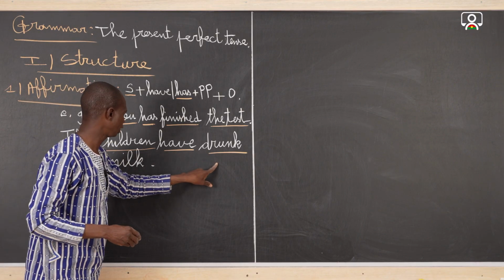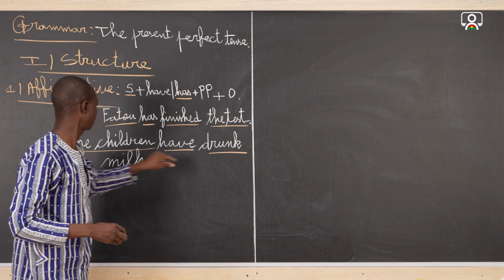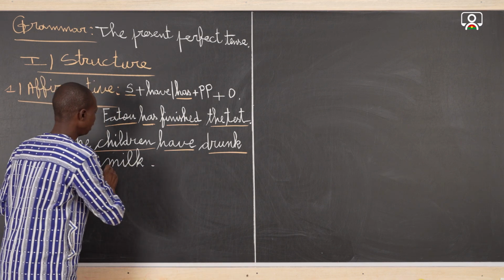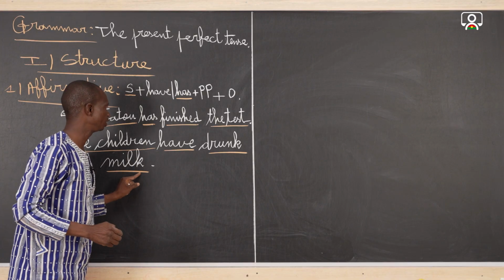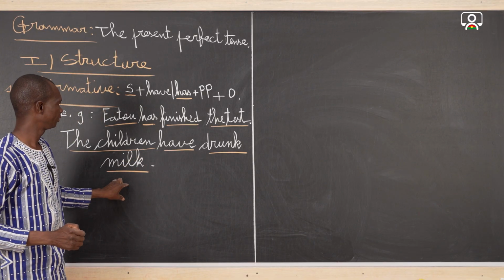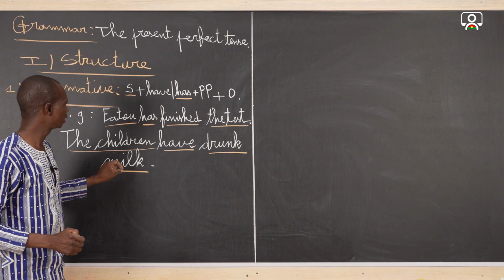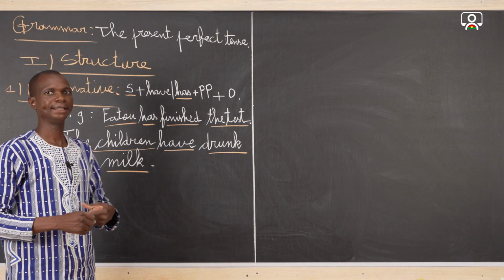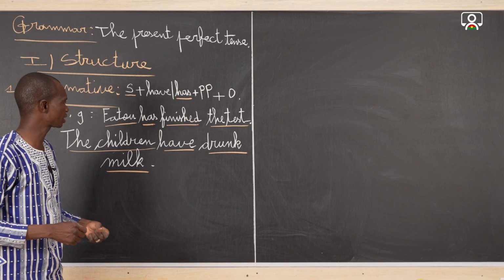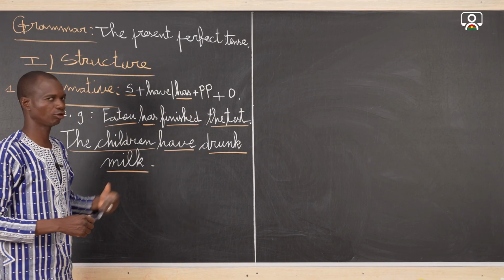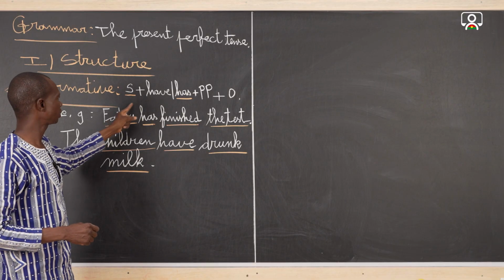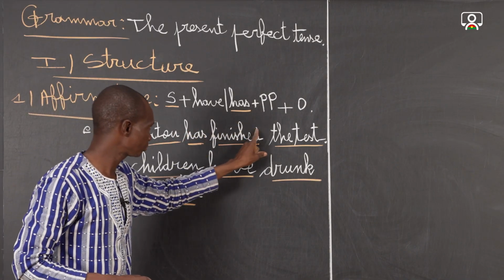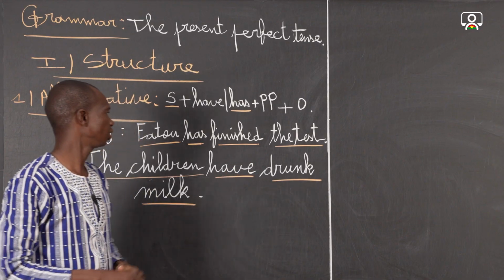Here it is the past participle of drink plus milk. Milk is the object here. These are two examples in affirmative form with the present perfect, which follow the rule of formation, which says subject plus have or has plus past participle of the verb plus the object.